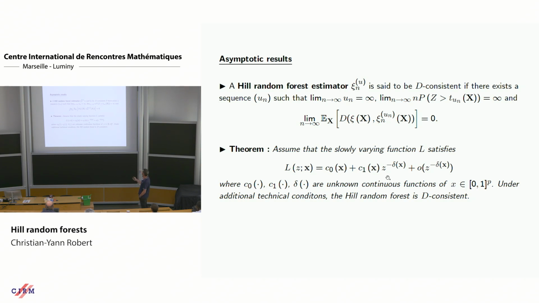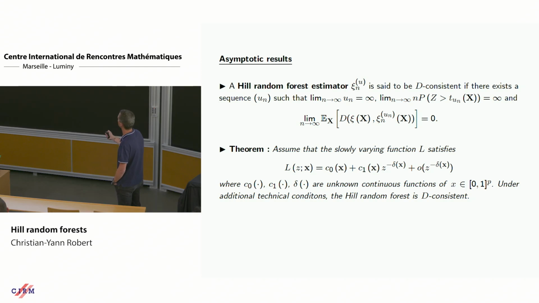So the criterion that we choose is to compute the deviance between the true function and the estimated function. So we then average over all the possible values of x with respect to the distribution of x.